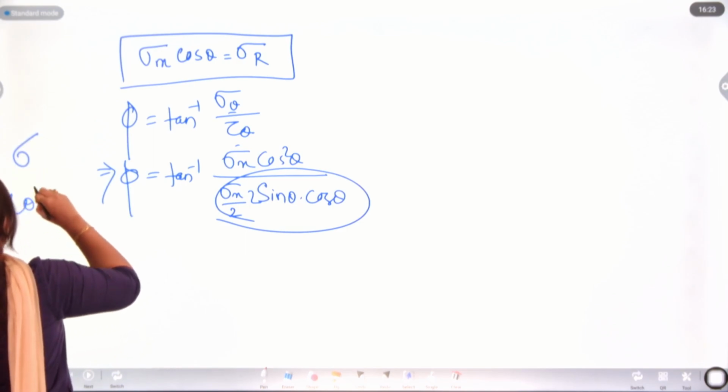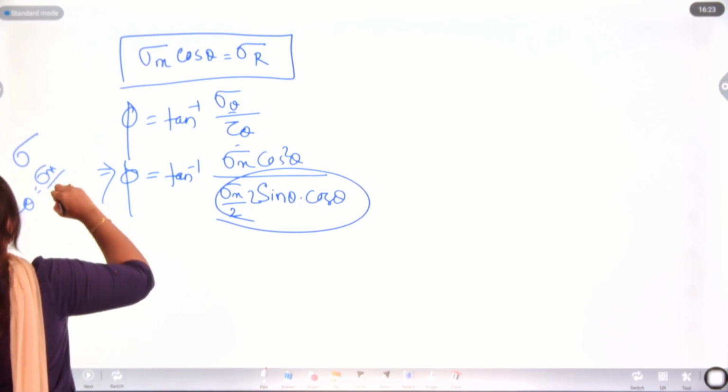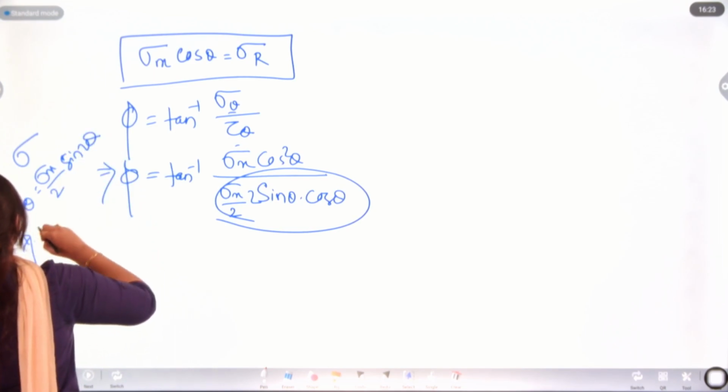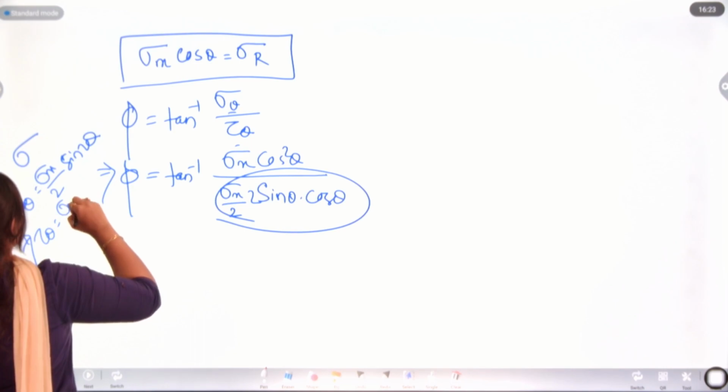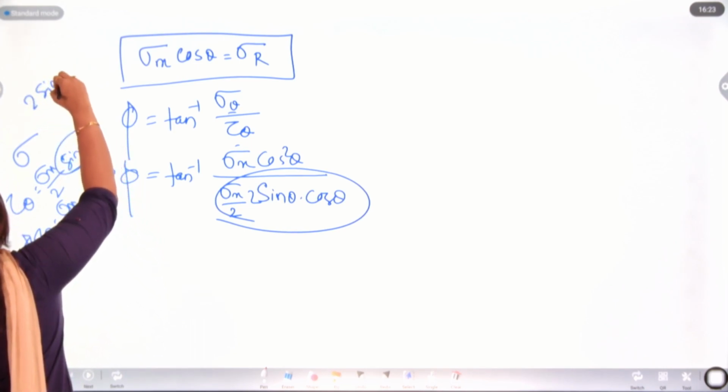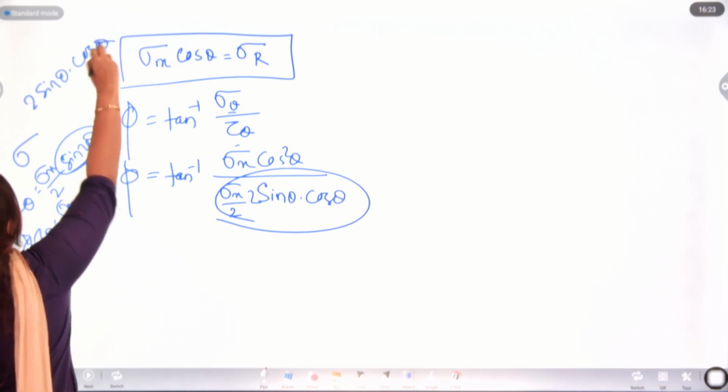As we know, tau theta is sigma x by 2 into sin 2 theta, and we can write sin 2 theta as 2 sin theta into cos theta.